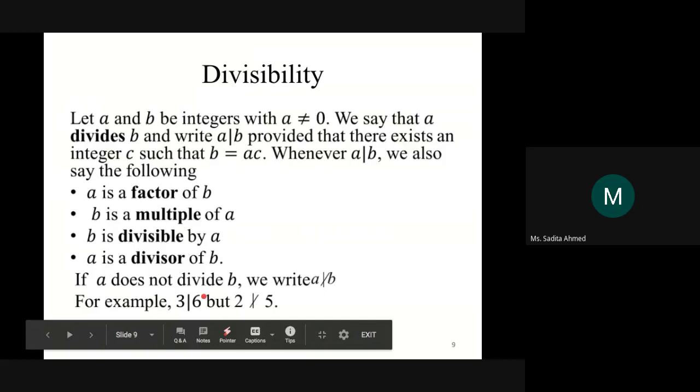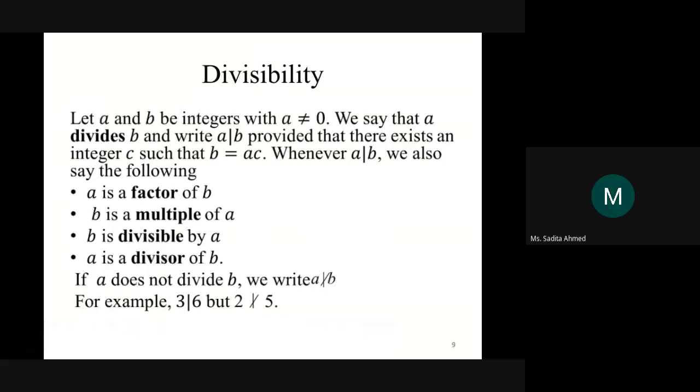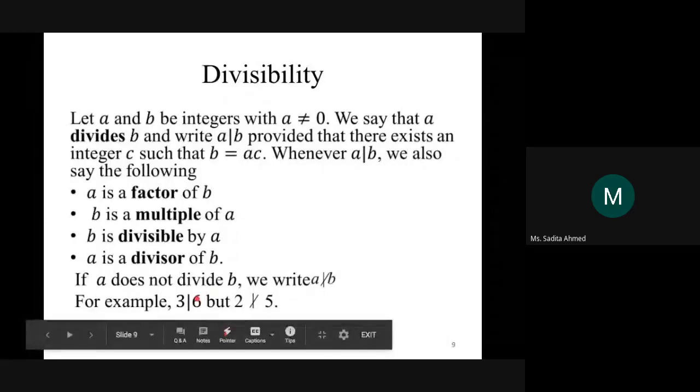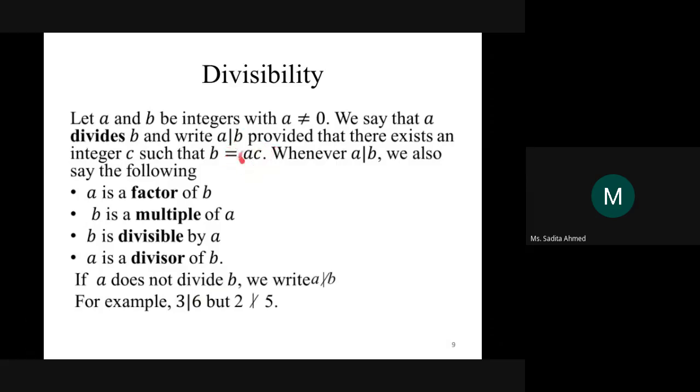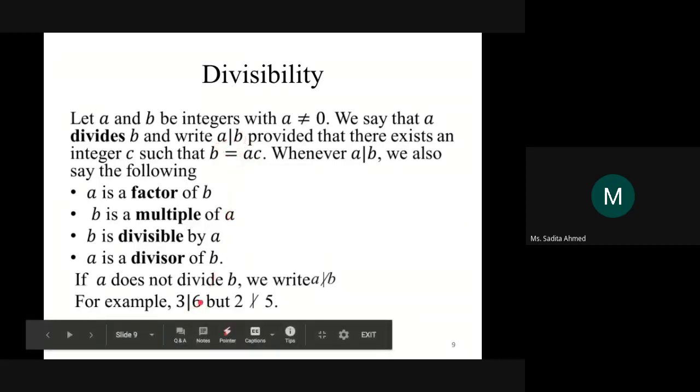For some integer, which in this case is 2, you have 3 multiplied by 2. So if you can represent b as the product of 2 integers where one of them is the divisor itself and the other is some integer, only then can you say that a divides b. Yes, here 3 divides 6. We know that 6 is divisible by 3, right?